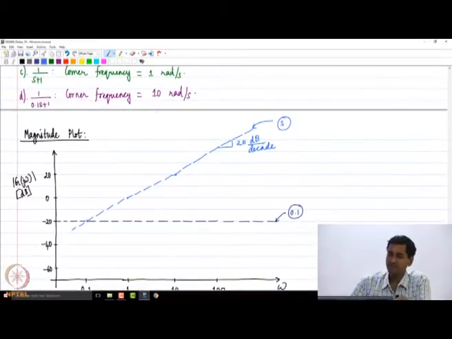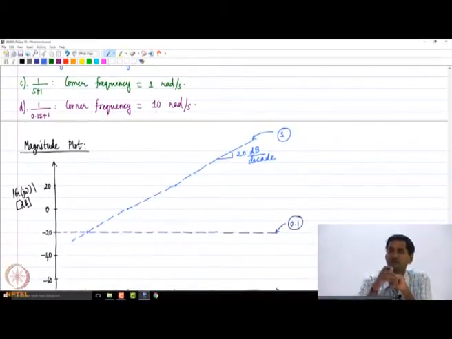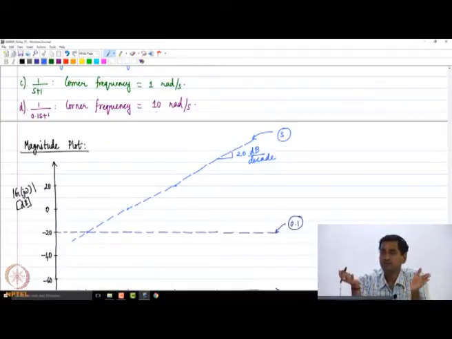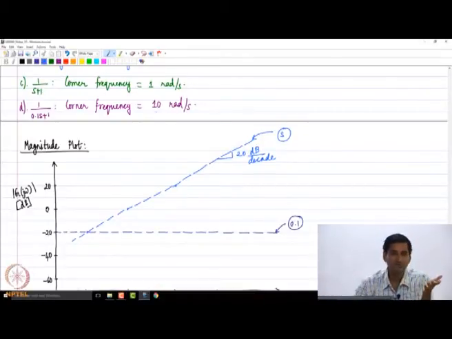1 by s plus 1. So, if you recall what we had about the factors of the form 1 by Ts plus 1, once again, as we discussed, when we are drawing things by hand in example problems, homeworks and exams, I want you to only draw the asymptotes. You don't need to apply the correction as a first cut plot.